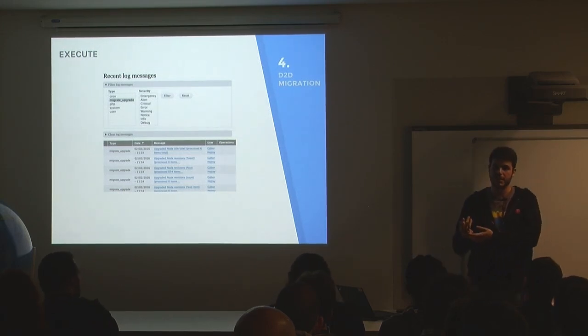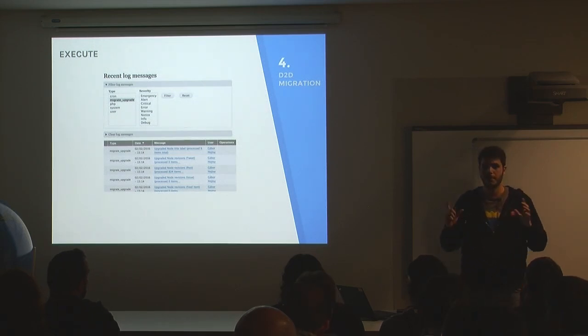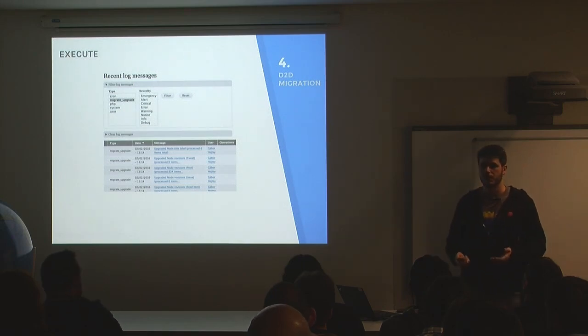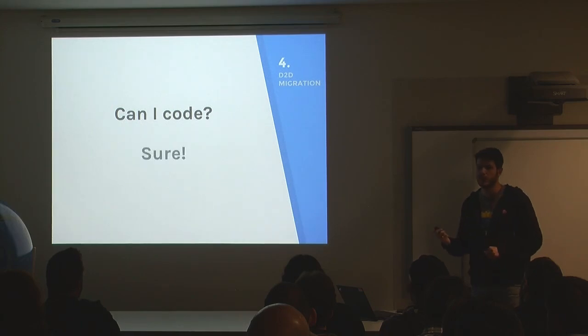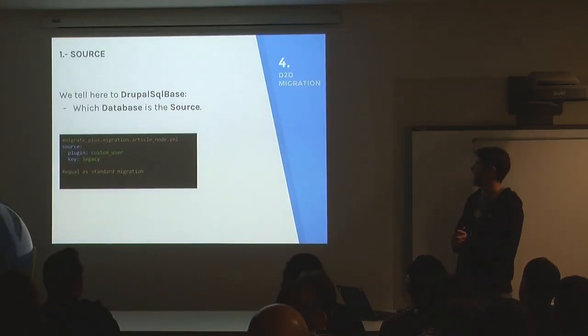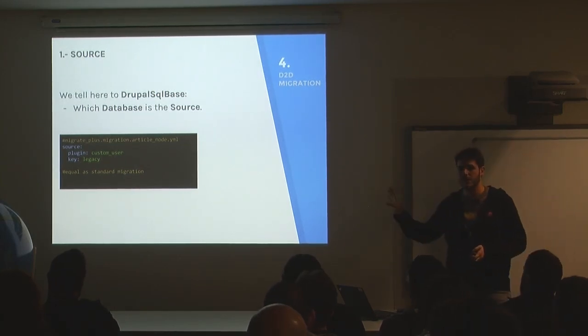It creates new fields, creates new content, adds new blocks, adds pages, migrates views. There are many, many things this core script migrates, but it migrates everything, okay? Can I code? Sure, you can code. But Drupal provides us a Drupal SQL base.